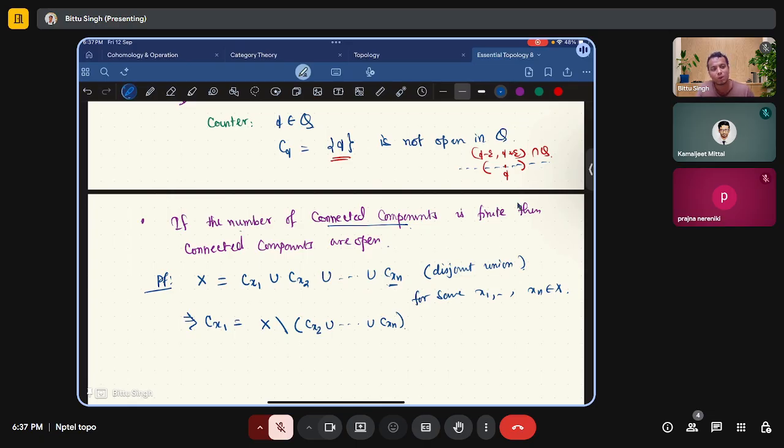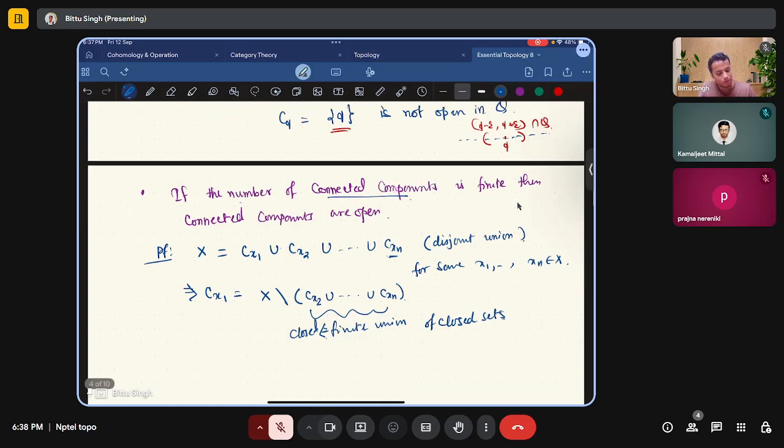Connected components are always closed, and a finite union of closed sets is closed. So this union is closed, and X minus something closed is what we are looking at.